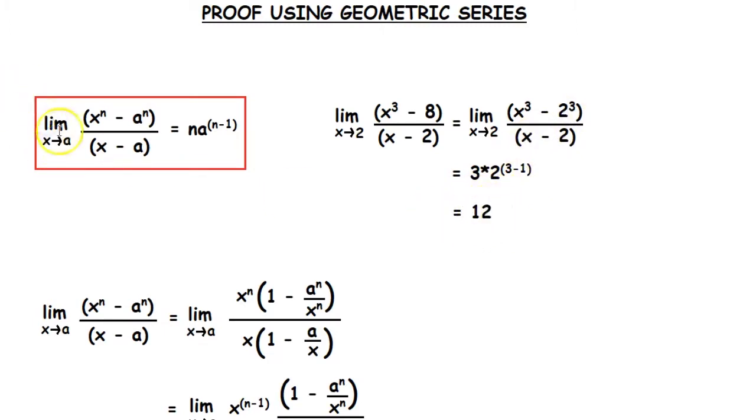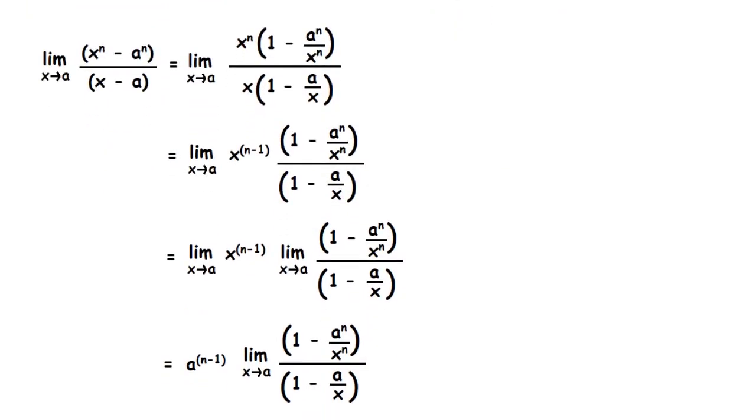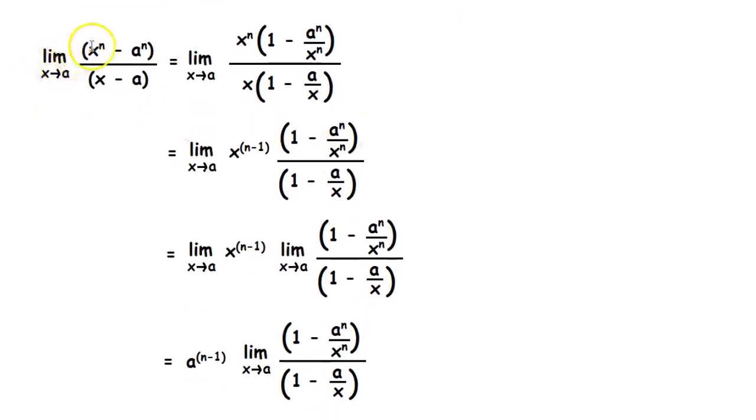So now we are going to prove this using the geometric series. So here now let's take our theorem. We have the limit of x to the power n minus a to the power n divided by x minus a as x tends to a. So what we do first is we take x to the power n out of the numerator.